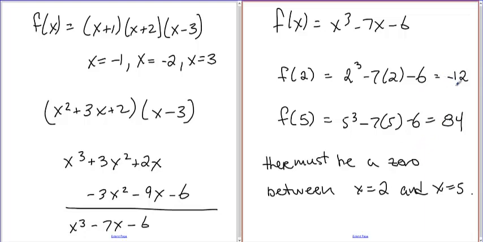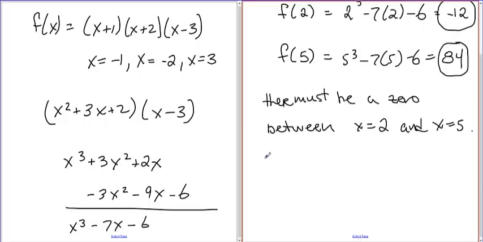Now you'd expect, because this one is more positive than this one is negative, you might think it's probably closer to 2 than it is to 5, because this has more chance to become positive. So you might pick 3. How about 3?